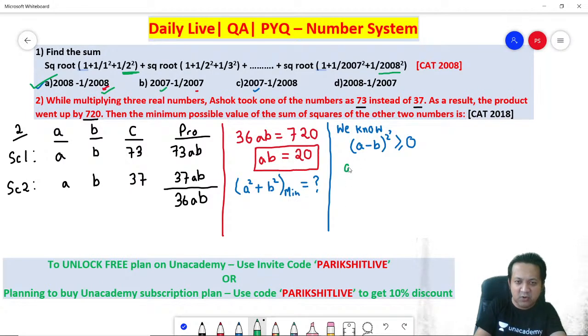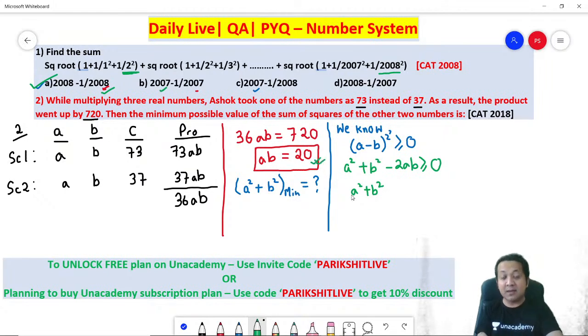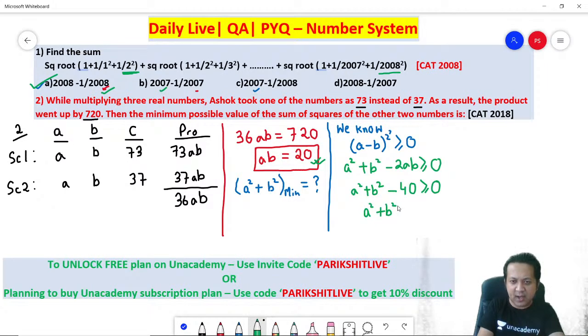A minus B whole square is A square plus B square minus 2AB, greater than or equal to 0. Remember, you have already got the value of AB, which is 20. 2 into 20 is 40. So A square plus B square minus 40 is greater than or equal to 0, or A square plus B square is greater than or equal to 40.